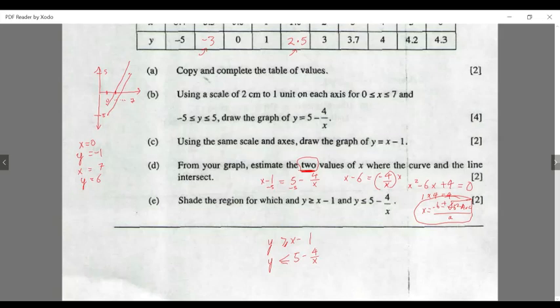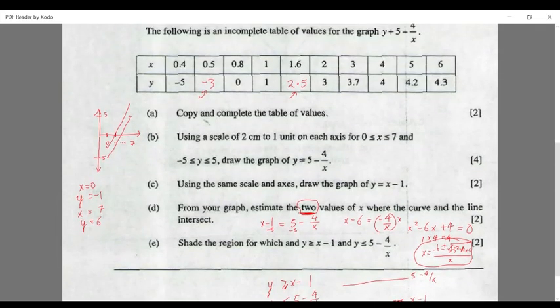So where your y is greater, x minus 1 would be below. So let's say I'm drawing some region A, B, meaning that wherever you see x minus 1 lower than 5 minus 4 over x, which should be true based on looking at this graph.